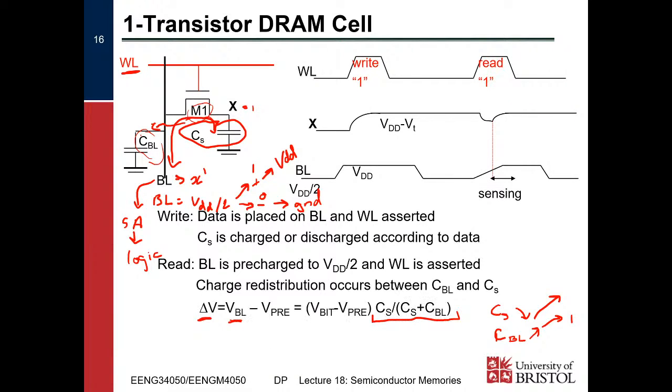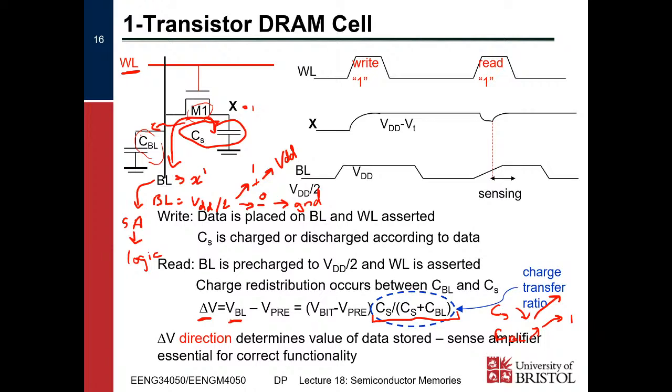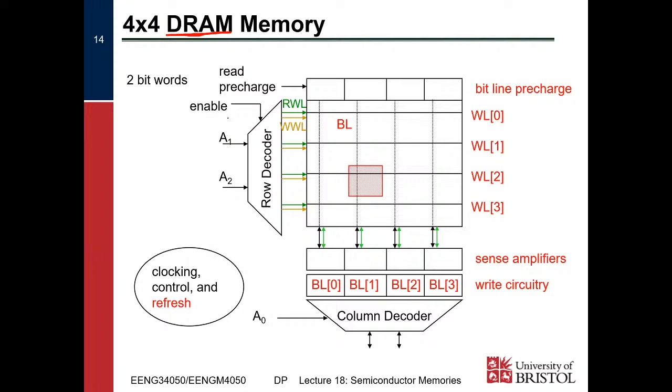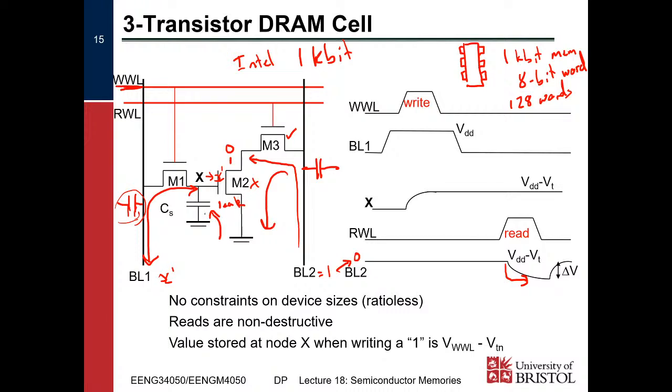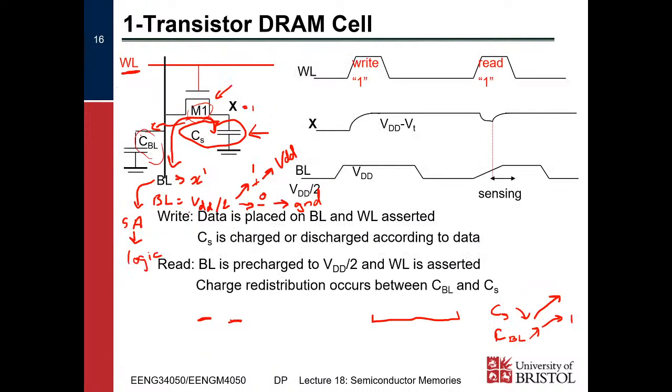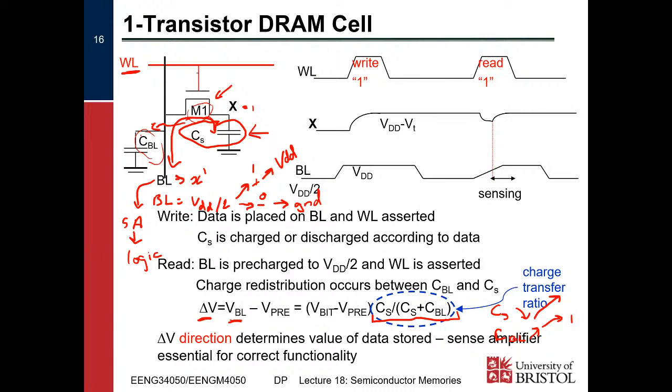Obviously, this isn't a great thing, having our destructive reads, but because there's significantly less components here, we've only got 1 transistor here, plus obviously the storage capacitance, as opposed to the 3 transistors here, plus the storage capacitance. That means that this cell is significantly smaller, and it's more useful for creating large memories.